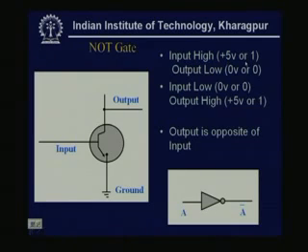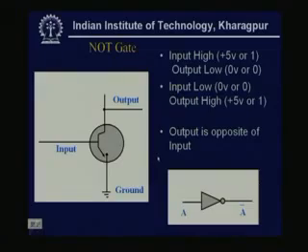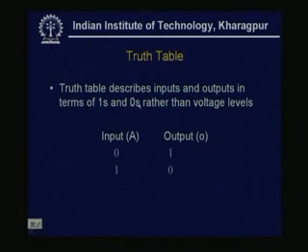Now if I represent this plus 5 volt as a 1 and the 0 volt as a 0, then the way we are representing this function, that we are calling the truth table. So this describes input output terms in ones and zeros rather than voltage levels. Just now what we have seen, input A, as it is only a single input line, can be either 0 or 1, and the output will be 1 if it is 0, and 0 if it is 1. So this is the truth table concept.